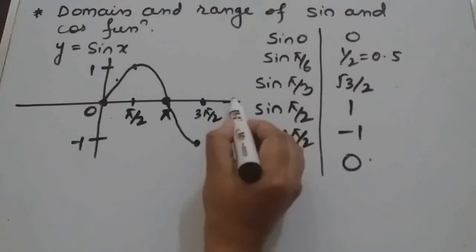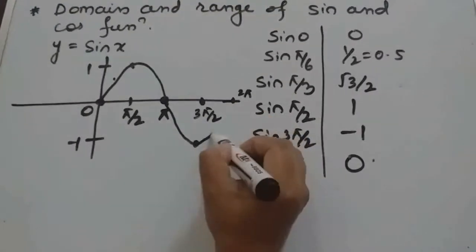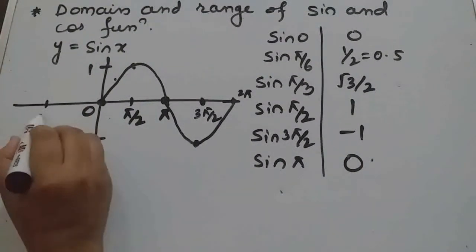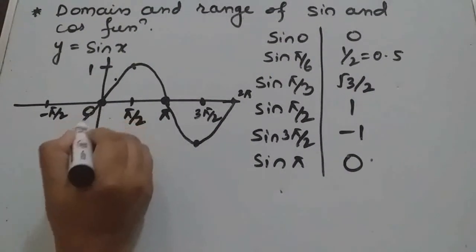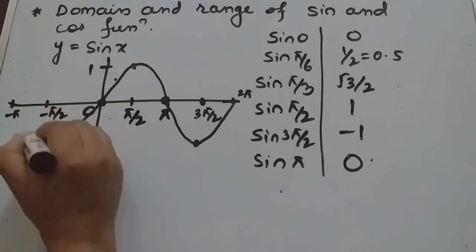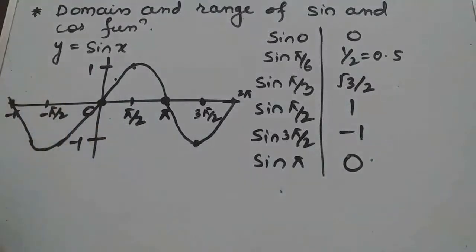Then at 2 pi, again it is 0. Same will come here also: minus pi by 2 means minus 1, then minus pi means 0. Like this it will go on.